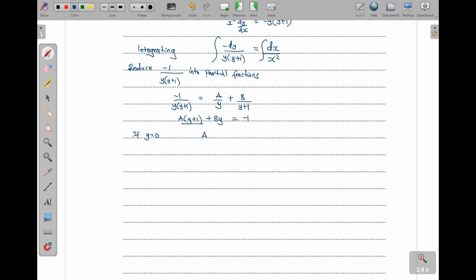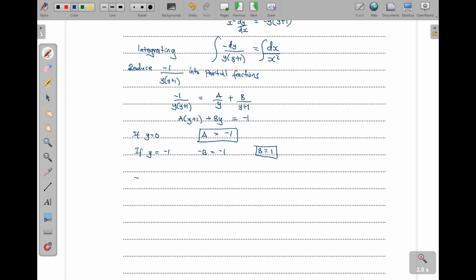That a is going to be equal to negative 1, as simple as that. Then if y is equal to negative 1, this one will go, so we shall have negative b equal to negative 1, meaning b is equal to positive 1.